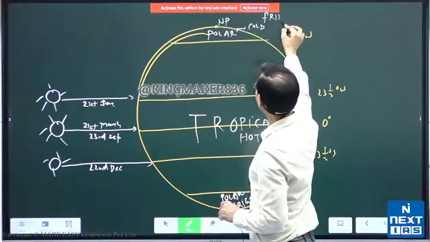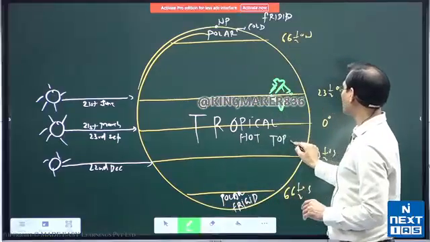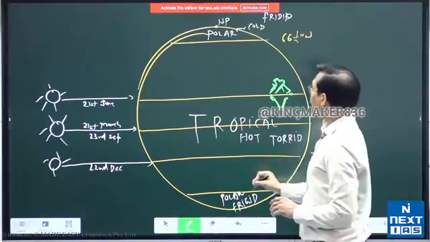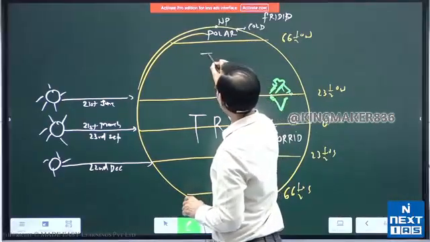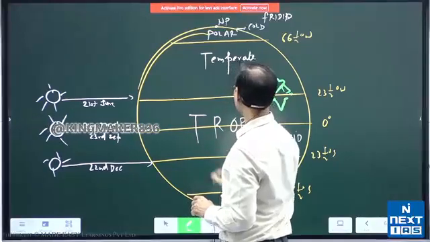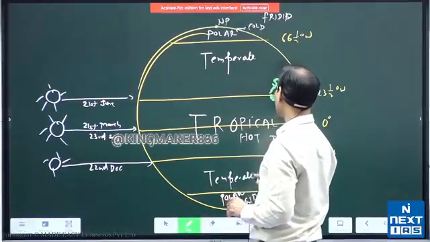Extremely cold, frigid area. And tropical area is sometimes also called torrid area. Which area? Torrid area. But also one area we call this area by which name? Temperate area. This side also we call temperate.